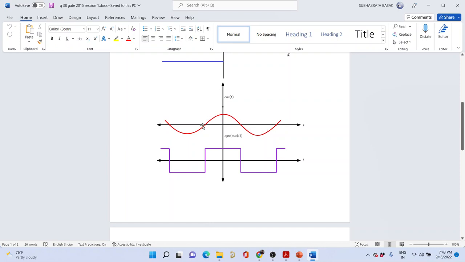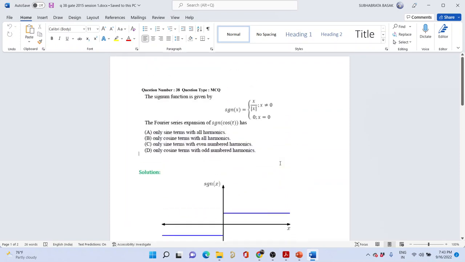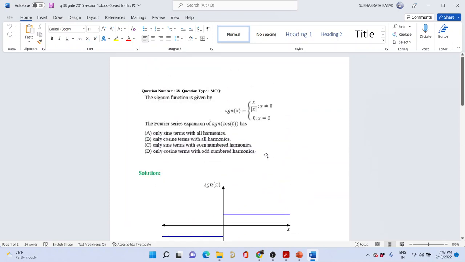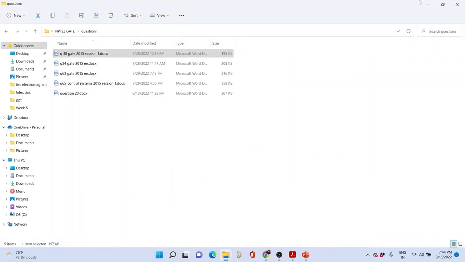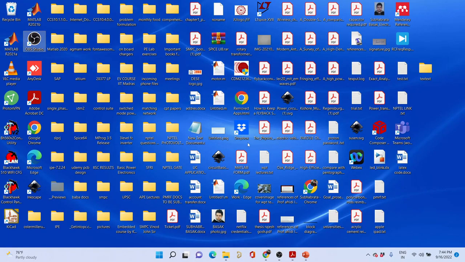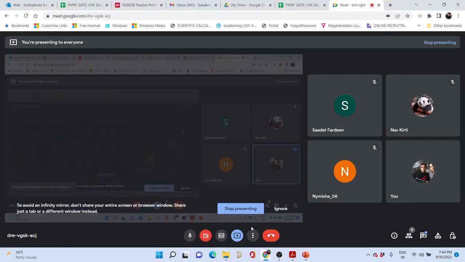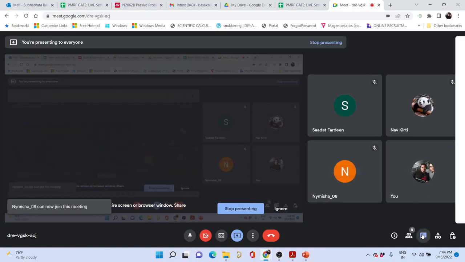Yes. But it will only show you one cycle of this entire curve. Okay. Thank you.